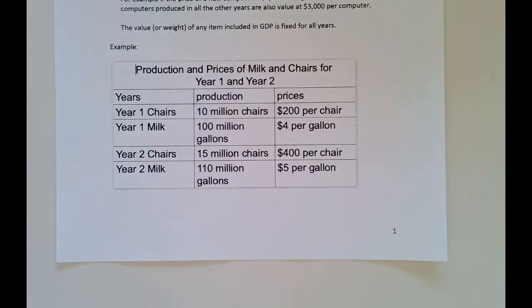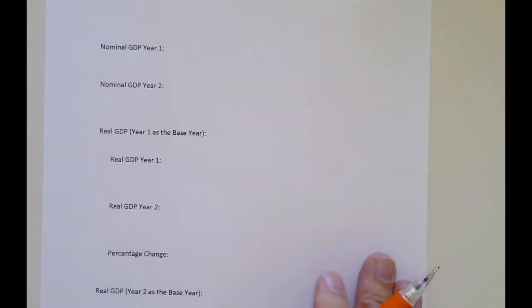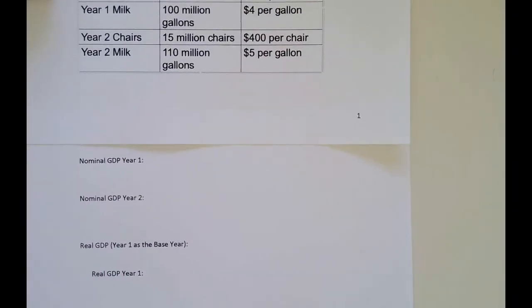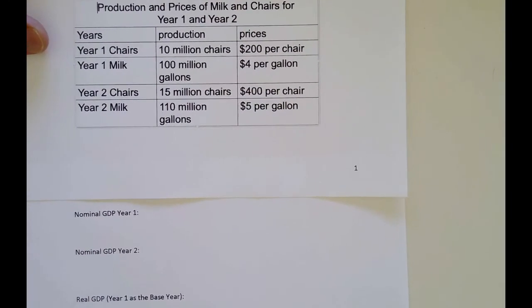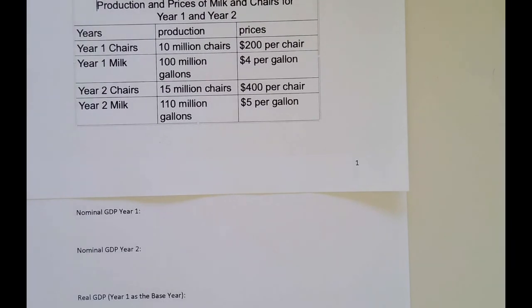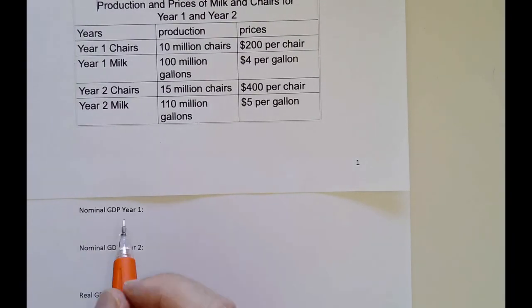So now what I could ask you on the exam is to do some calculations. I'll say calculate the nominal GDP for year 1. And so what you would do is take the production.